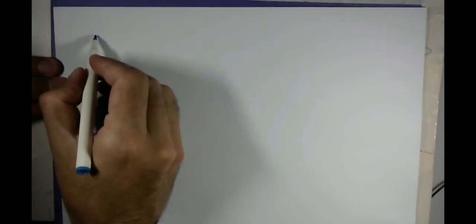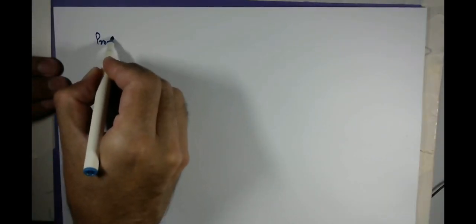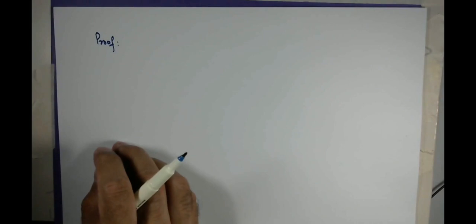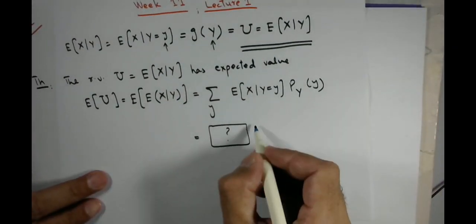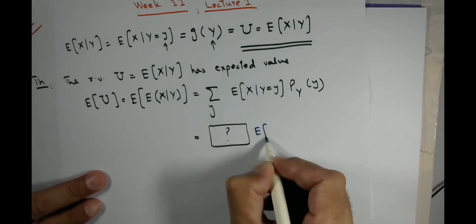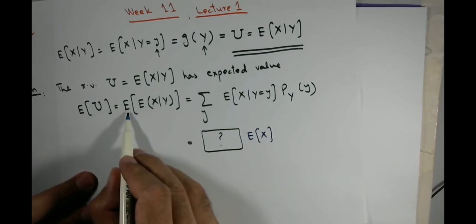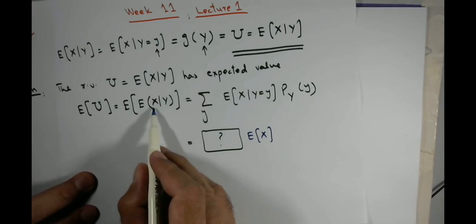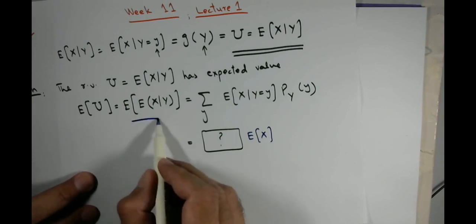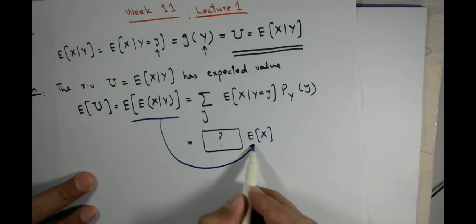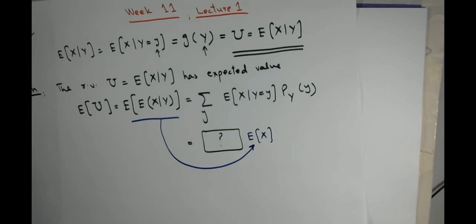Let me give you first quickly: the simple expression is nothing but the expectation of x. So you see, the expectation of the conditional expectation of x given y simply turns out to be the expectation of x. But how? I'll show you through a proof.